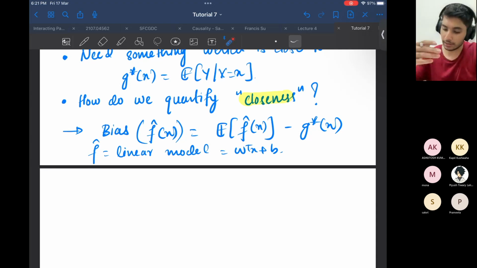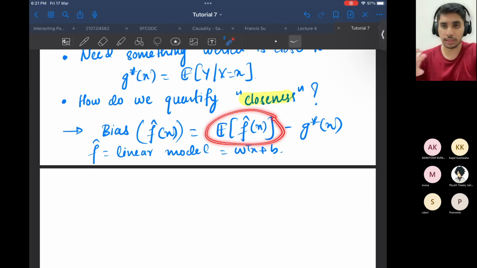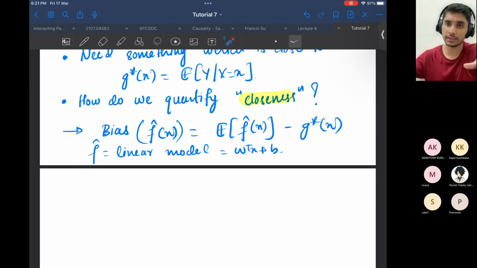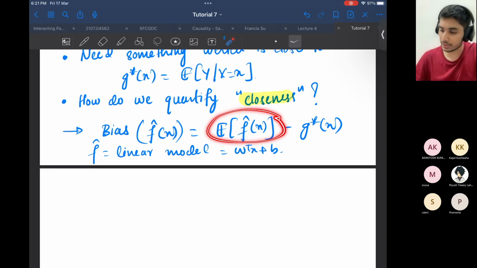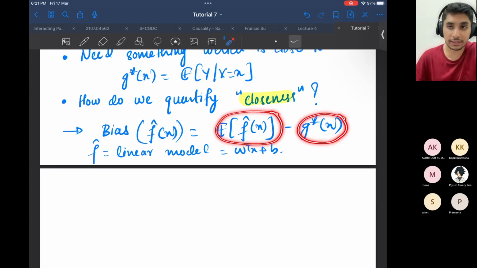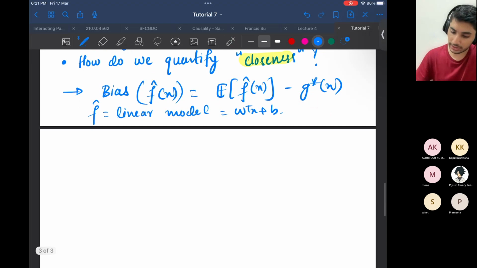You will have several linear models, and you take the average of these models. Give x as input to all these models and take the average. This will be your average prediction, and this is the true, optimal prediction in some sense. Now what this is saying is how far is my average prediction from the optimal prediction, right? So what does it say?